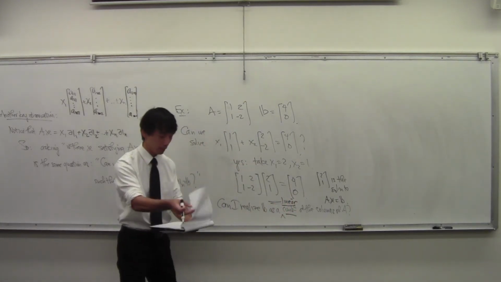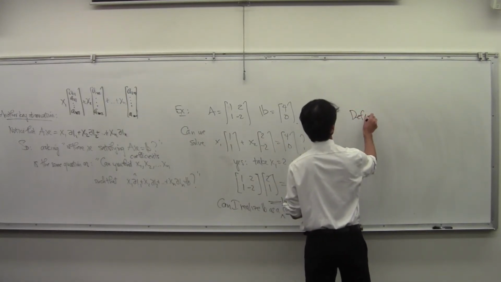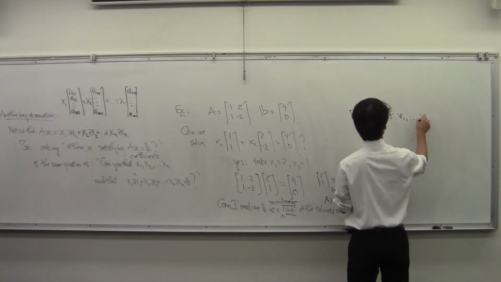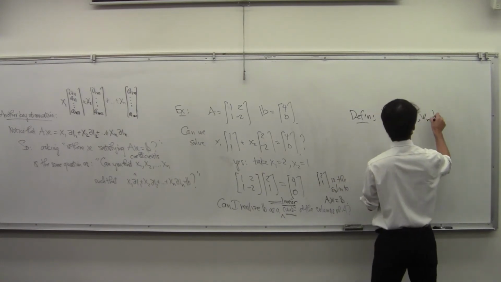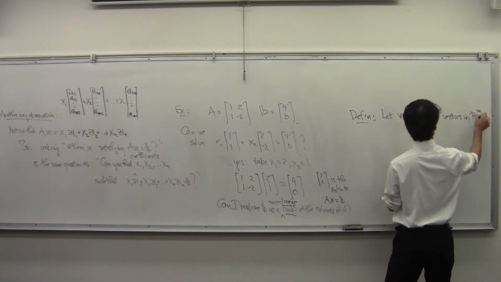So let's define. Let me put that down. Let v1 through vn be vectors in Rm.